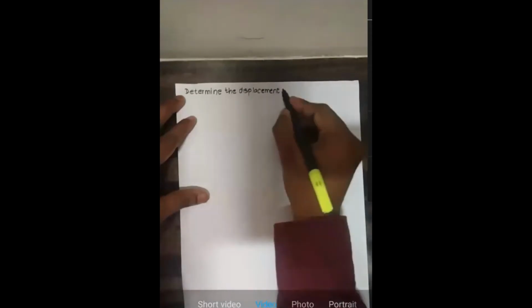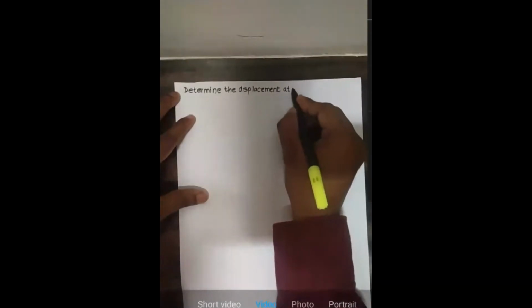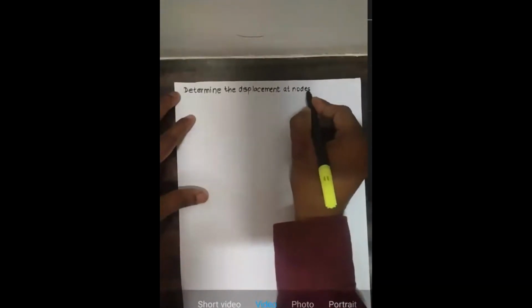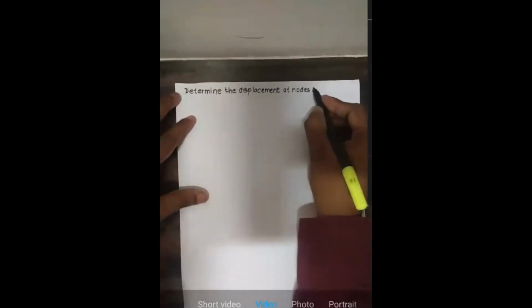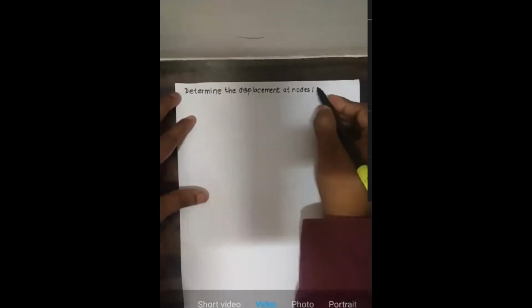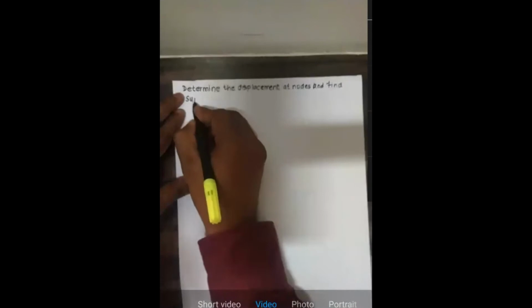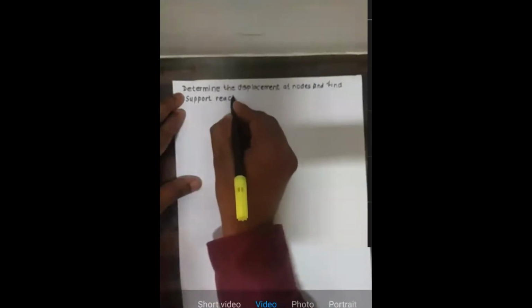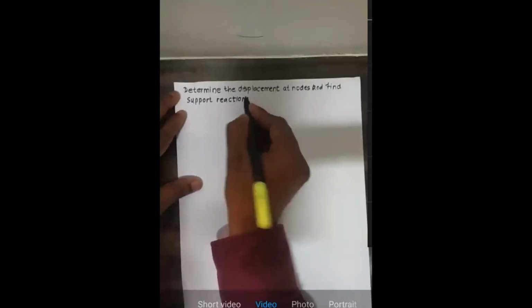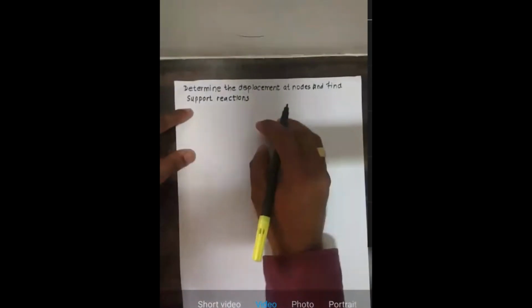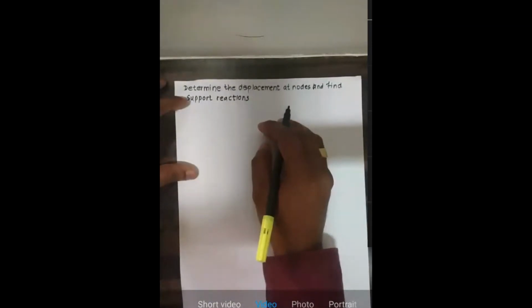Determine the displacement at the nodes, and find support reactions. Determine the displacement at the nodes and find support reactions.